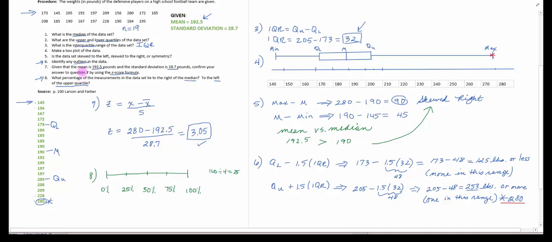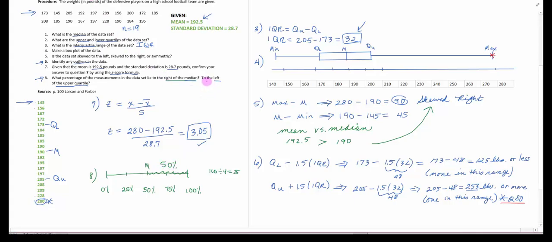So we can go back and look at the question. Number 8. What percent of the measurements in the data set lie to the right of the median? The median is right at 50% because that represents the middle of the data. So to the right of the median would be from 50% all the way to 100%. So from 50 to 100, that is worth 50%.